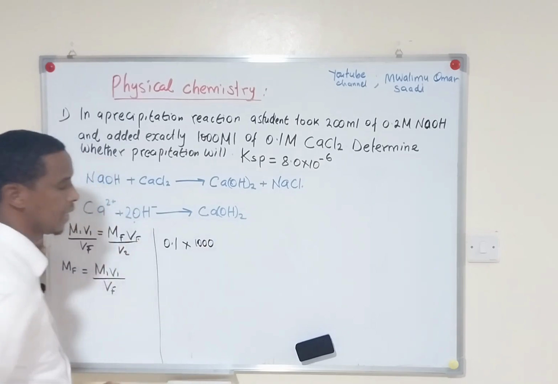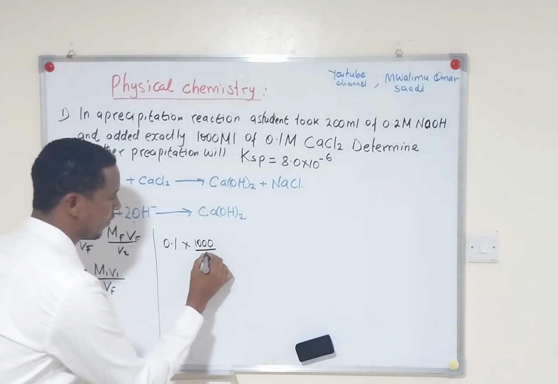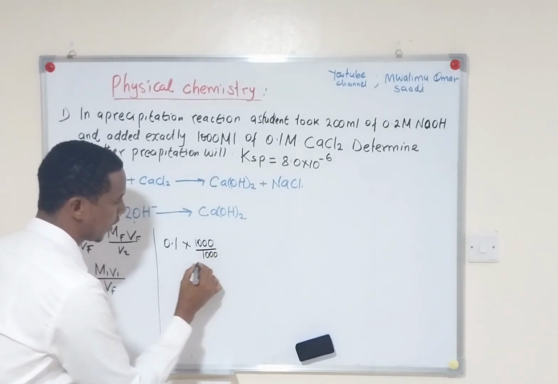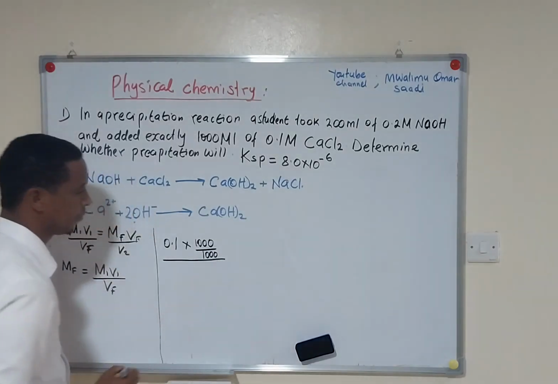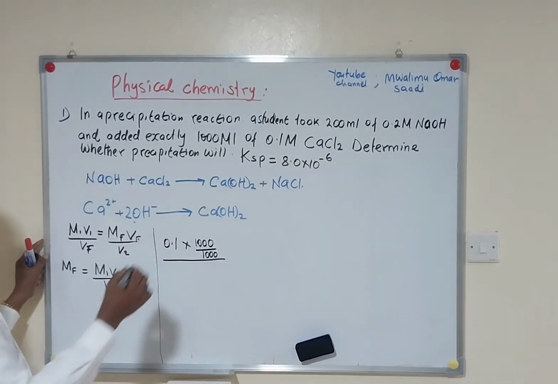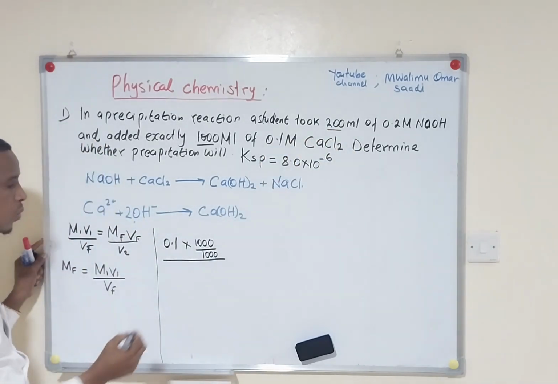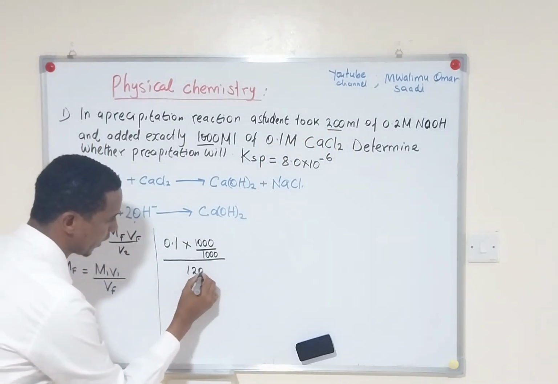So that one we need to change to liters, we divide by 1000, all over the final volume. The final volume, you add the two volumes, that is 1000 plus 200 ml, that is 1200.